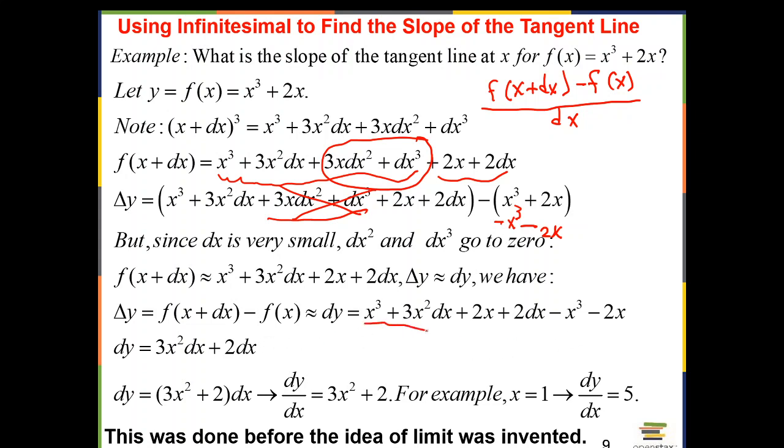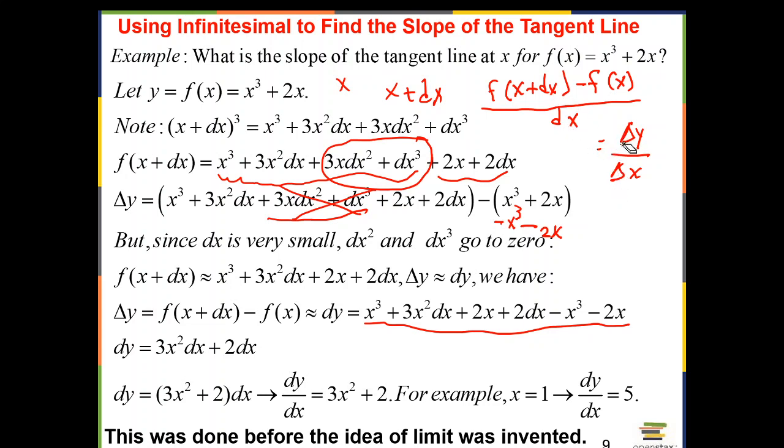Another name for this fraction is delta y over delta x. Delta means change, so change in y values and change in x values. x goes from x to x plus dx, so the change in x values is dx, so that's delta x. So delta x and dx are basically the same.